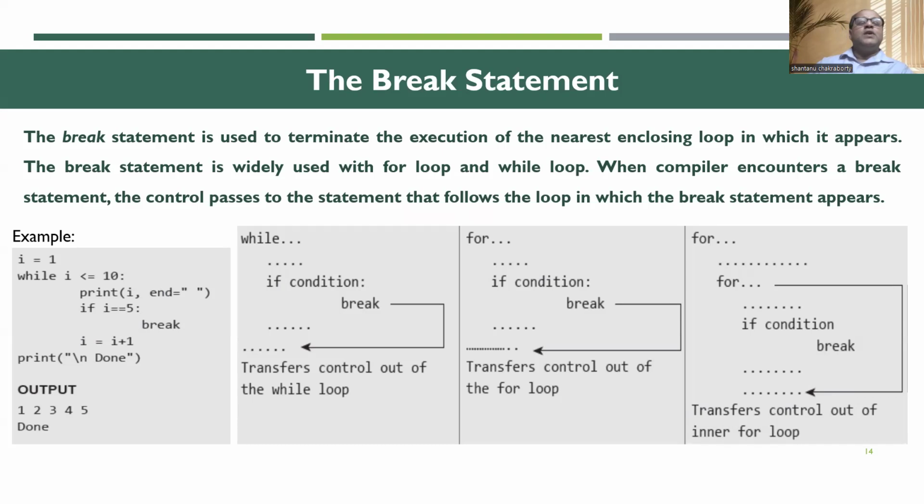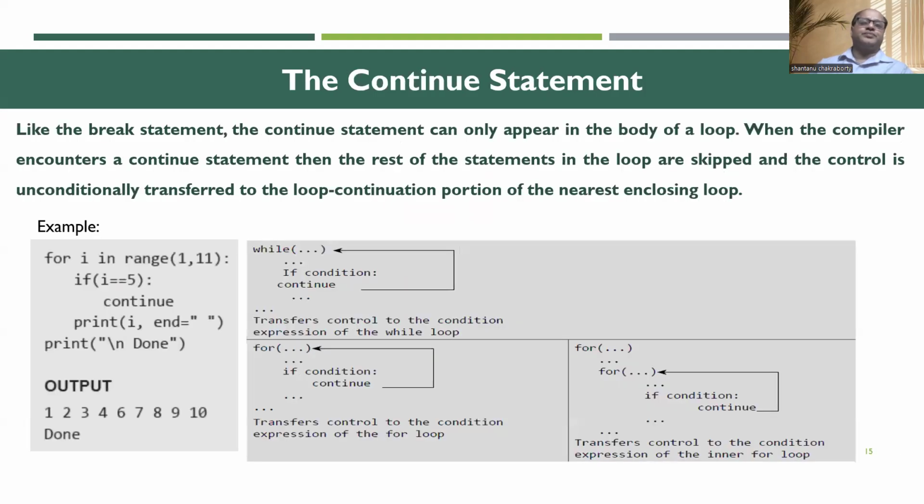So we can use a break statement to come outside a for loop or a while loop. Whenever it encounters a break statement, it transfers the control out of the while loop or outside the for loop. So this is how the break statement helps in transferring the control outside the loop.